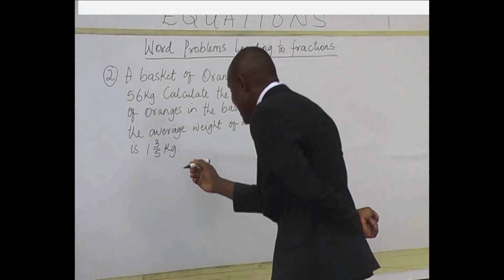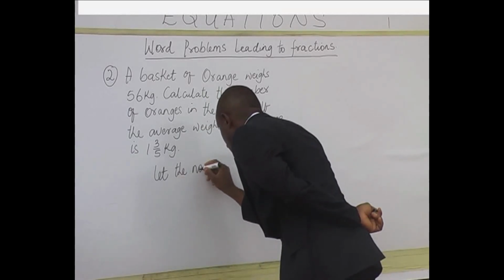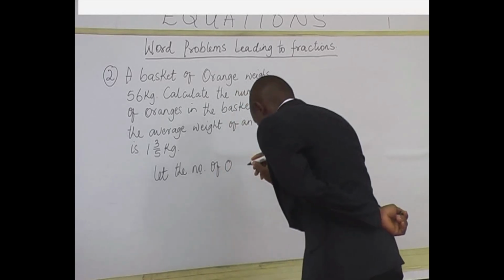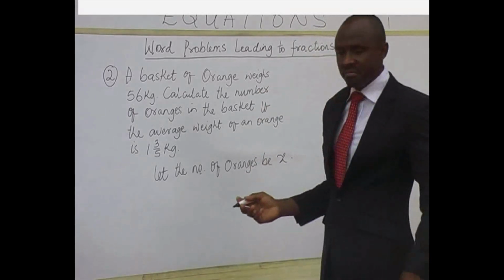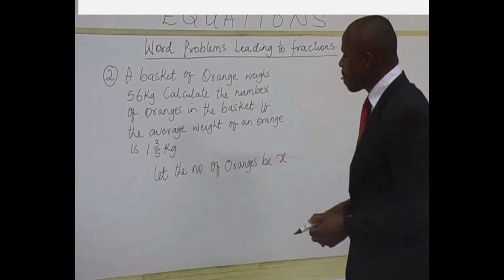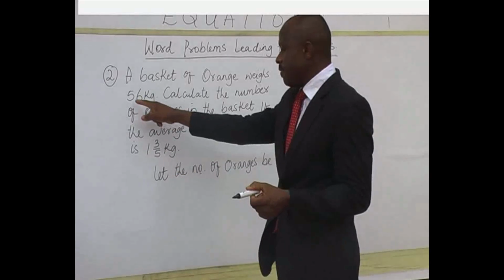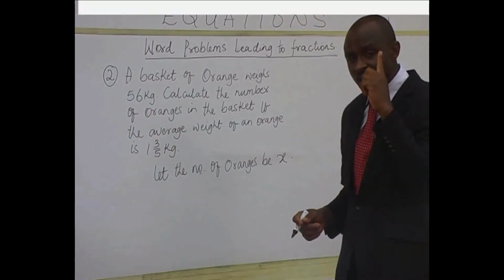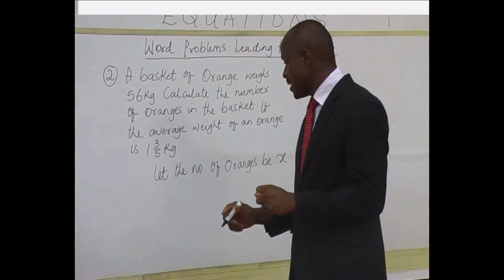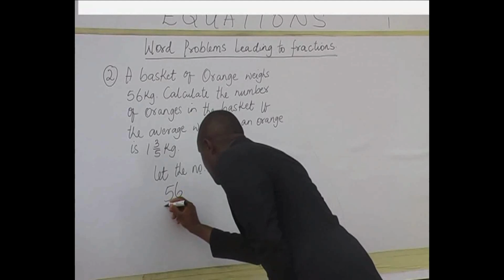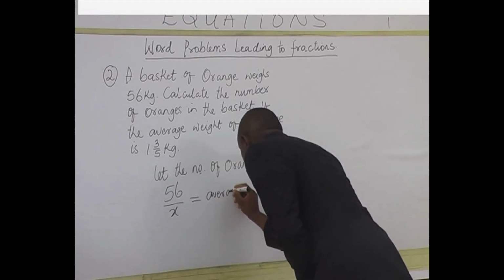So you start the question by saying, let the number of oranges in the basket be represented by a letter X. Now, if X is the number of oranges in the basket, and that basket of orange weighs 56 kilograms, that means the weight of one of the oranges is going to be 56 kilograms divided by the number of oranges, which is X. That means 56 divided by X is the average weight of an orange.